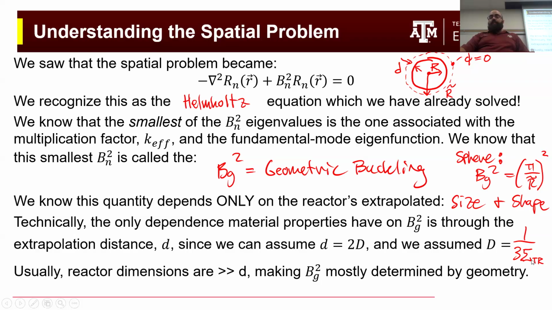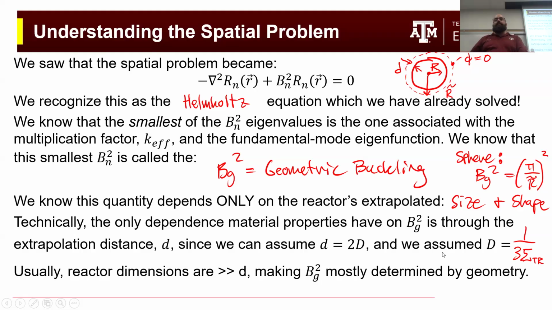And so this sigma transport, it's a cross section. It depends on the materials in my reactor. So technically, if my diffusion coefficient depends on material properties, then my extrapolation distance depends on material properties. And that extrapolation distance is a part of my extrapolated dimension.